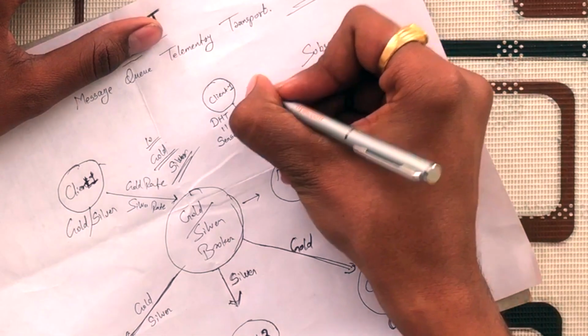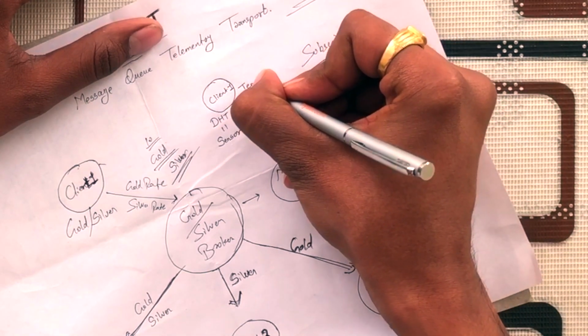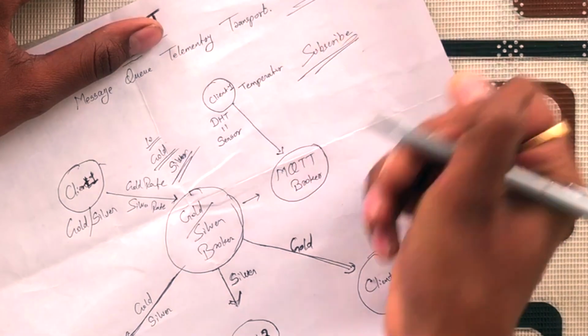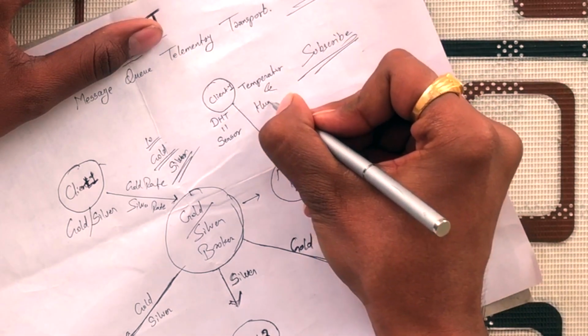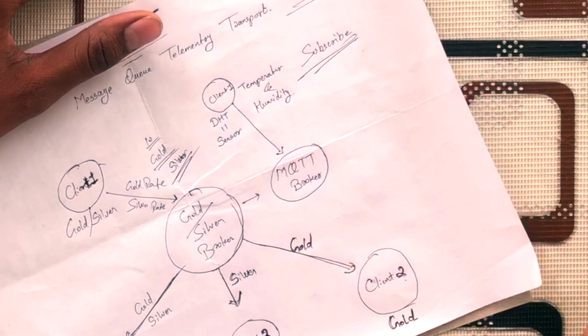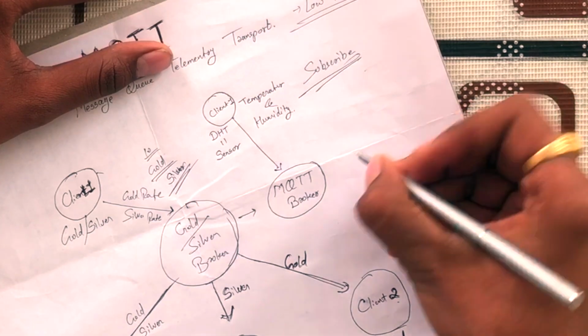So he will transfer the data of temperature and humidity. Simple. DHT11 is a temperature and humidity sensor. So client 1 is a DHT sensor. He is sending the data about temperature and humidity to the MQTT broker, just like client 1 sending the rates of gold and silver. This is again simple.